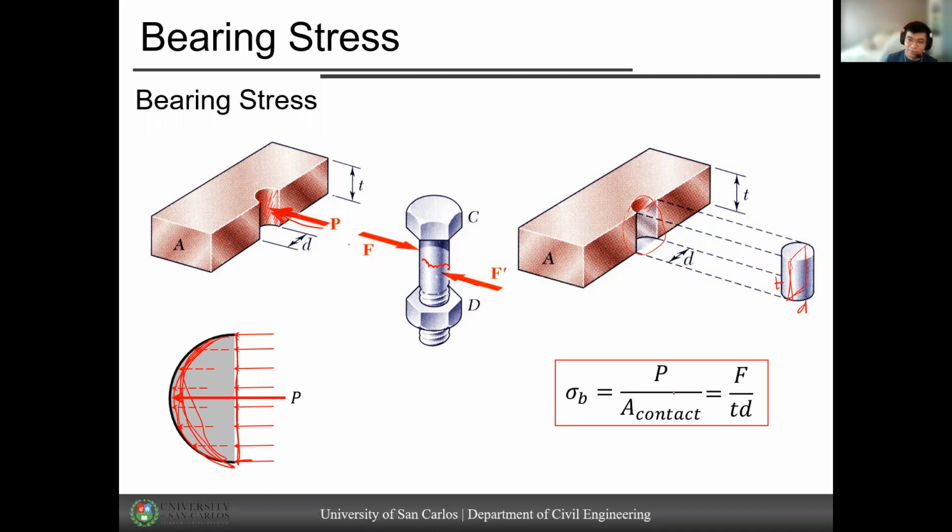So that's the area of contact. Okay, the area of contact is our concern, not the cross-sectional area of your bolt. So again, always remember that it's force over area, force going towards the specific location or area. Area is always the contact area, regardless of whether it's normal, shear, or bearing stress.